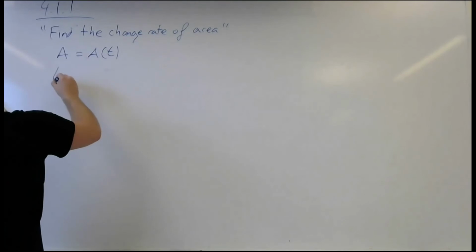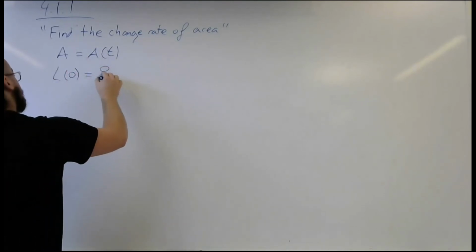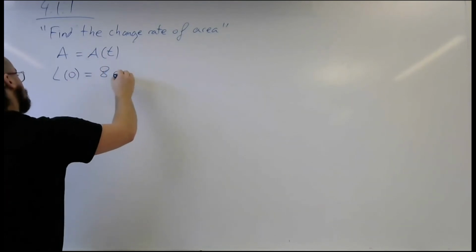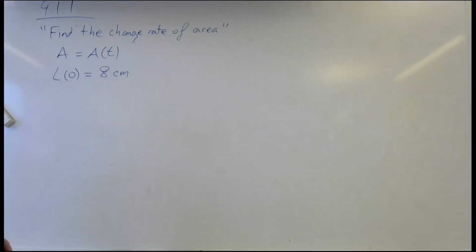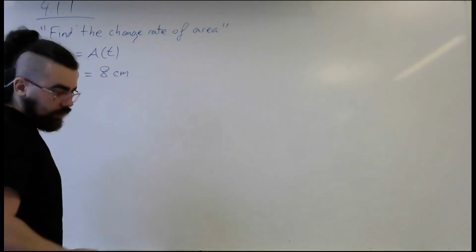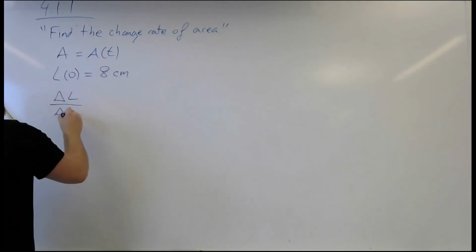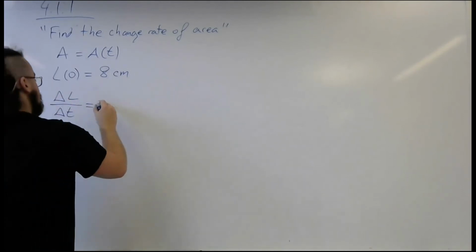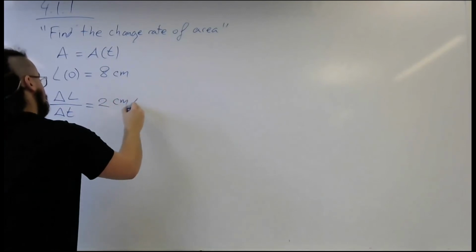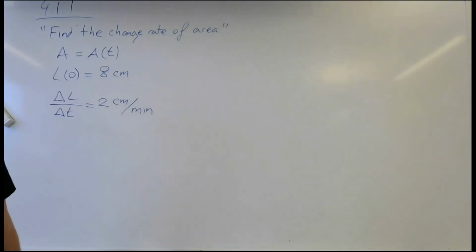Now, the initial length of the side of the square is 8 centimeters, and we know that the derivative of L with respect to time is 2 centimeters per minute. This is what we know. This is all the data the problem gives us.